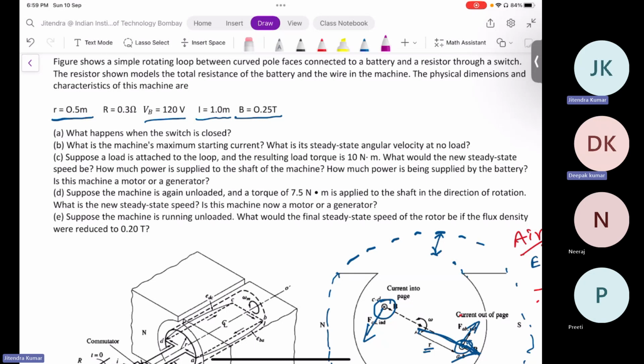Because, sir, without torque, how can the motor rotate? Okay, without torque, how can it rotate? That is fine, but maybe the motor was rotating earlier and now the current is zero. So what will happen? At a steady state, it is asking.